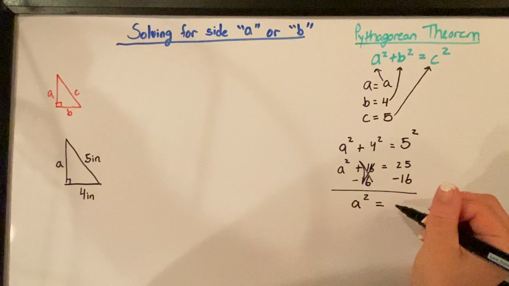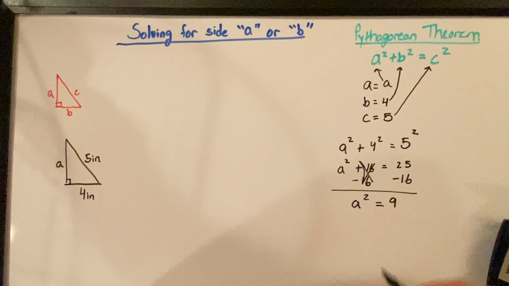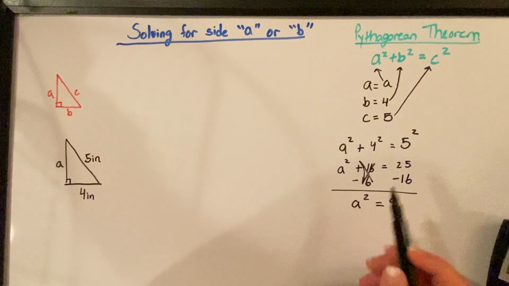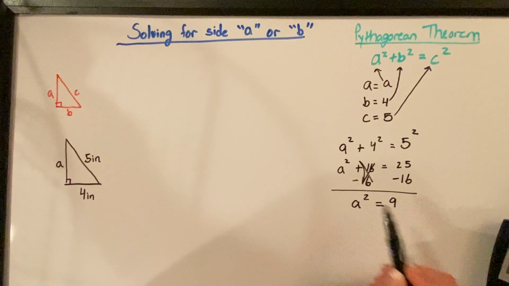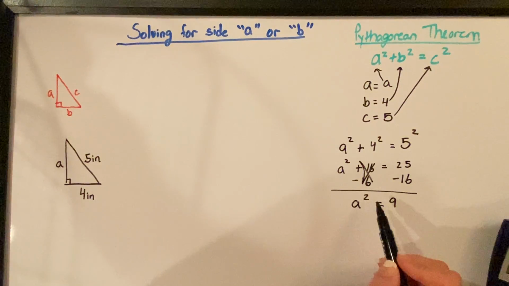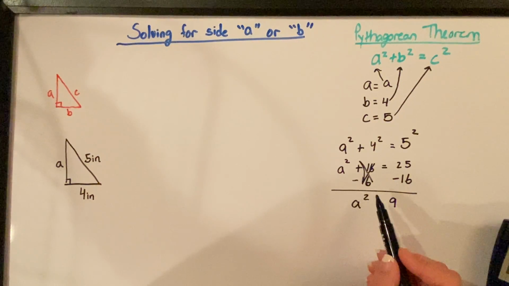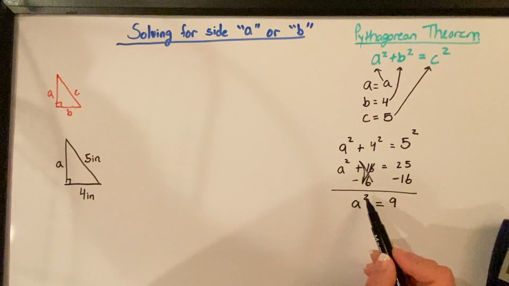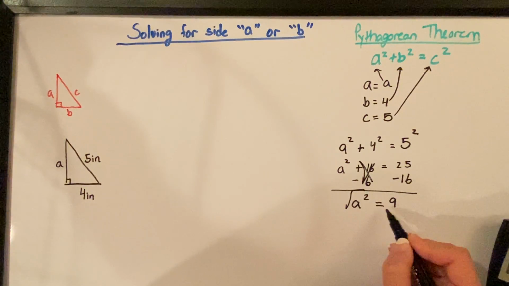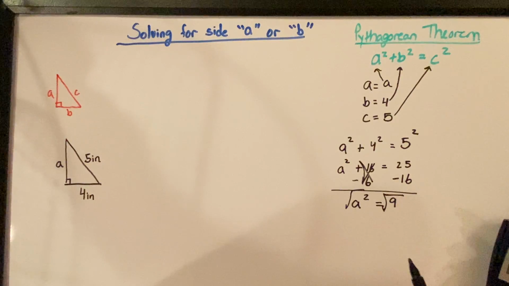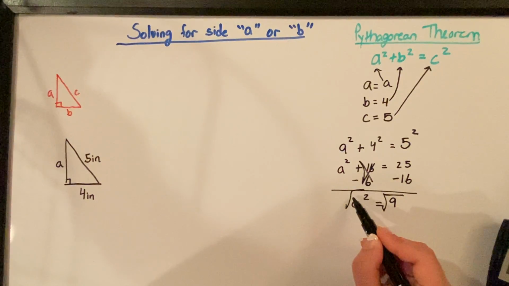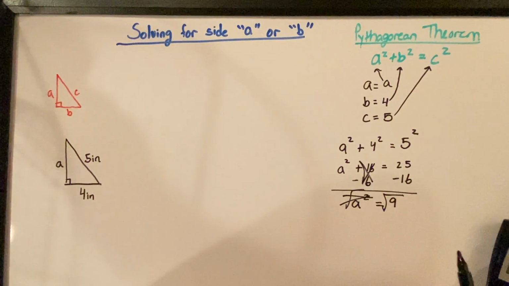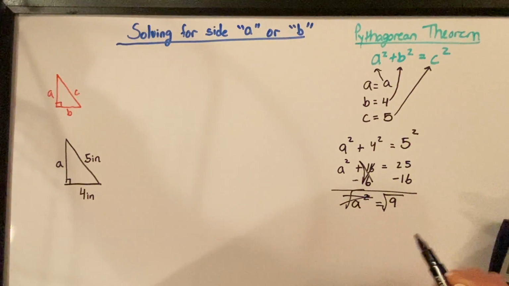That'll give me 9. And you might think, oh, look, I'm done. Nope, we are not done because this is A squared. We don't want A squared, we just want A. So remember, in order to undo a square, you have to take the square root of both sides. Very important. The square root and the squared kind of cancel each other out, just like the plus and the minus cancel each other out.